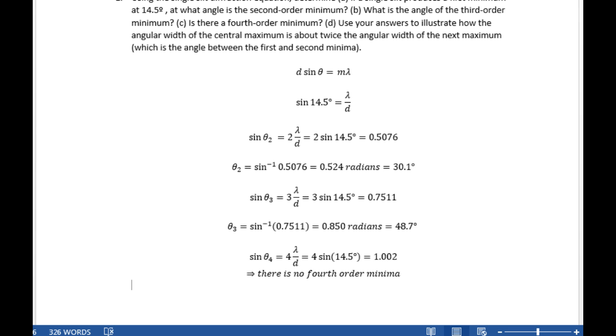And use your answers in part D to illustrate how the angular width of the central maximum is about twice the angular width of the next maximum.